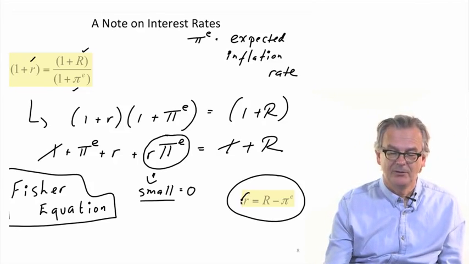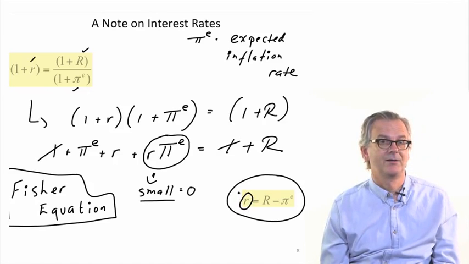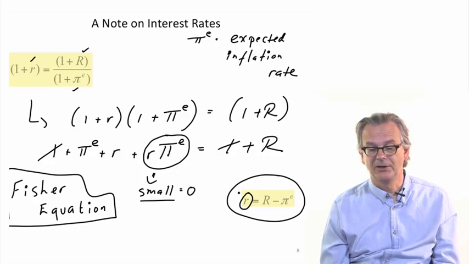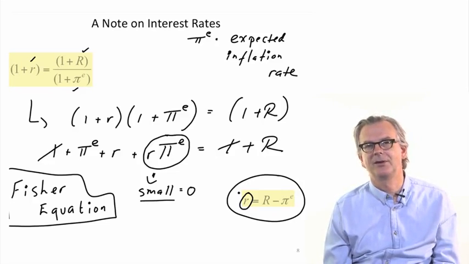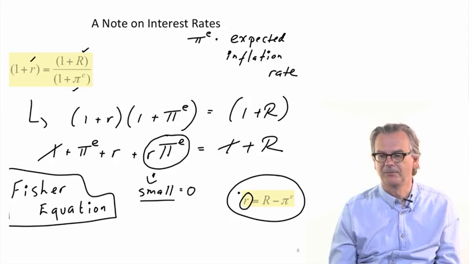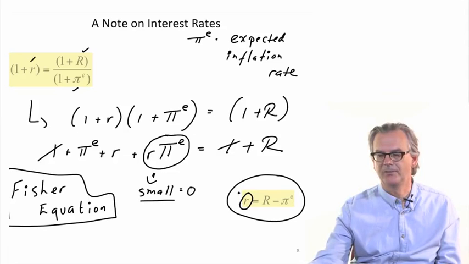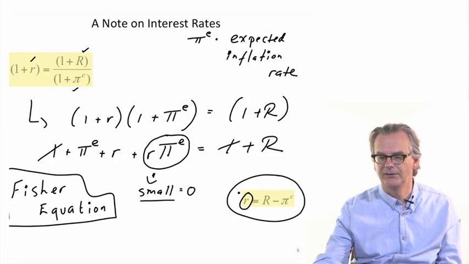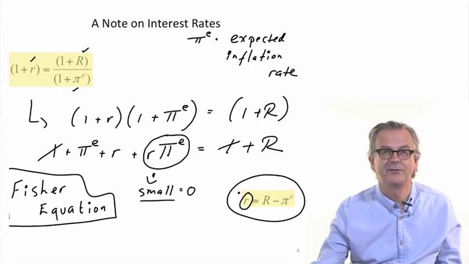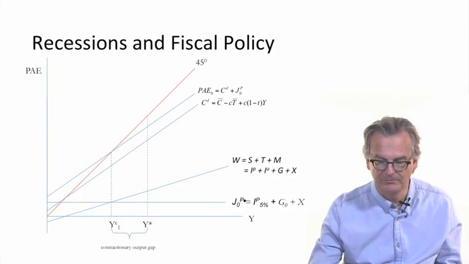For our purposes, though, what I want to highlight is that it's the real interest rate that influences planned investment decisions. So when I talk about the link between interest rates and planned investment, it's actually a link between the real interest rate and planned investment. I'm going to come back and explore these issues about interest rates and the economy in a subsequent lecture. But let's just continue on how monetary policy fits into the basic Keynesian model.